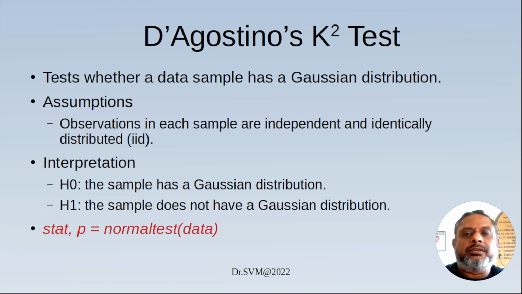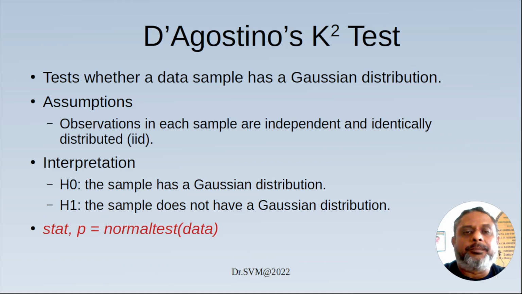Then the D'Agostino K-squared test, again the same thing, which checks whether the data sample has a Gaussian distribution or not. So the assumption is the same: IID is required for the data. And for interpretation, again the null hypothesis says that the sample is Gaussian, and the alternative hypothesis claims that it does not have a Gaussian distribution.